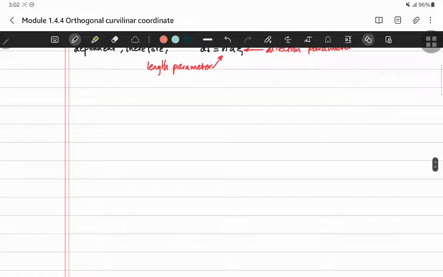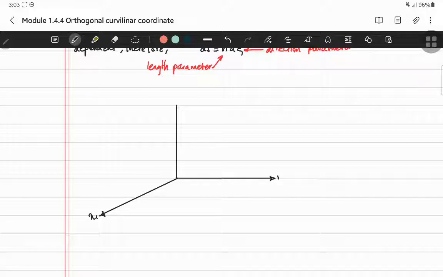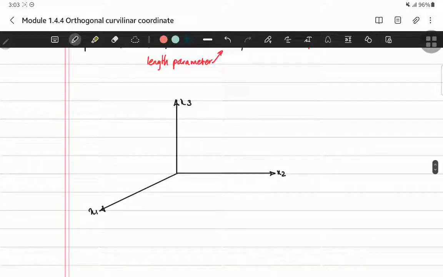So now let's assume we have a three-dimensional coordinate system where we have x1, x2, and then x3. And here we have r, a vector we have in here.